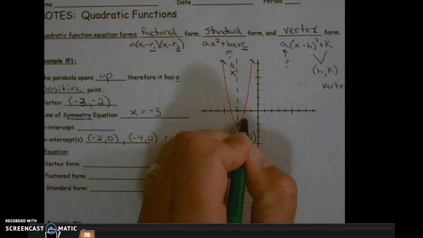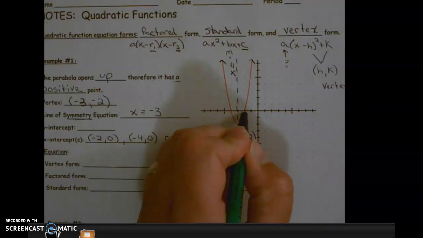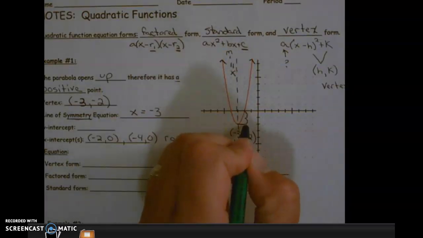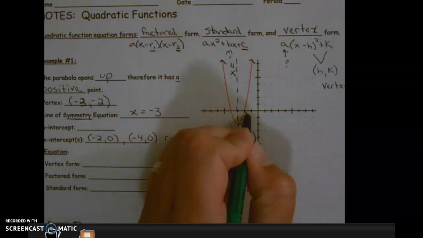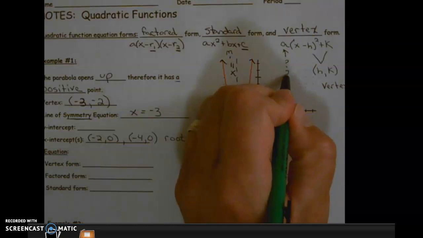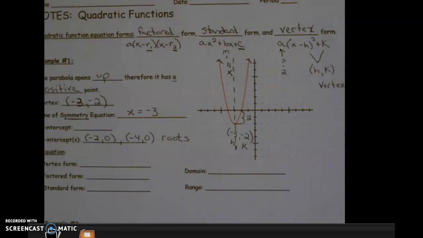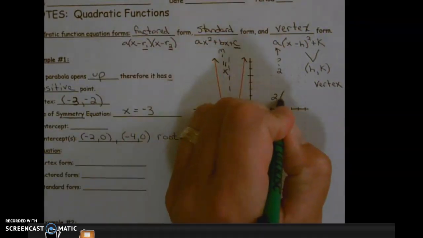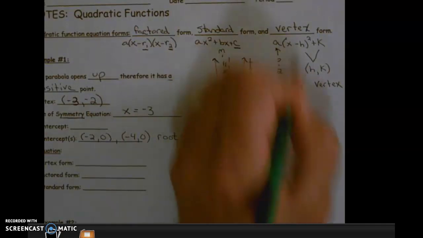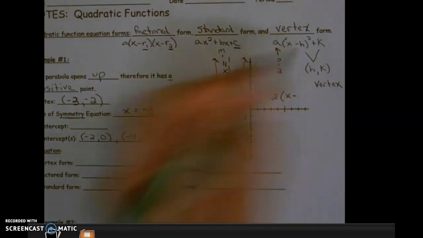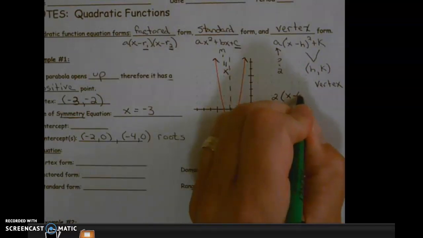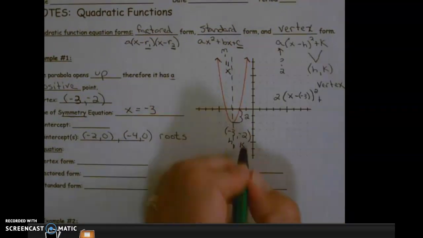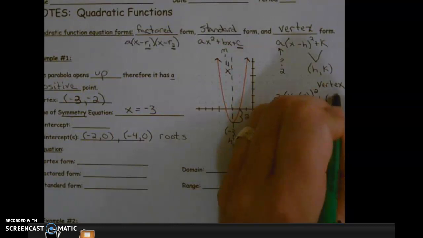So 1, 2, and as soon as you touch the parabola, you have then counted the a value. So +1, +2. So the a value is going to be 2. So now let's plug these values in. So we're going to have 2 parentheses x minus h, h is -3, squared plus k, k is -2.